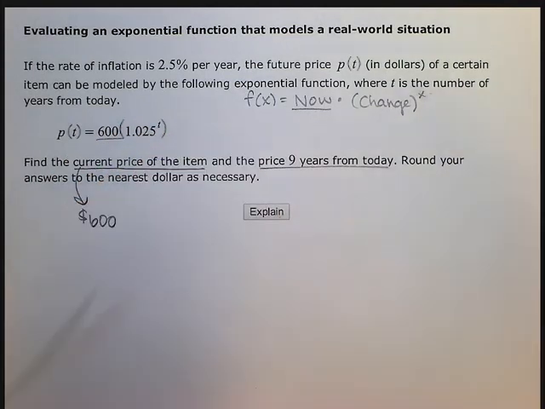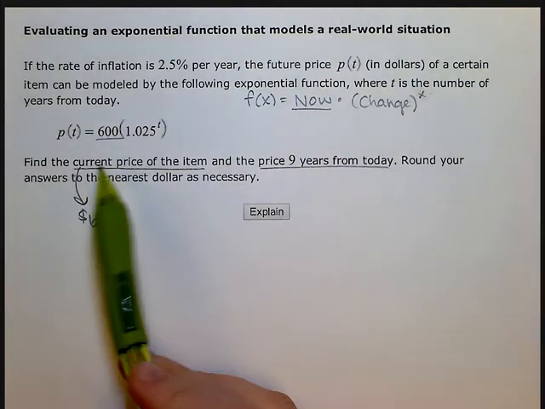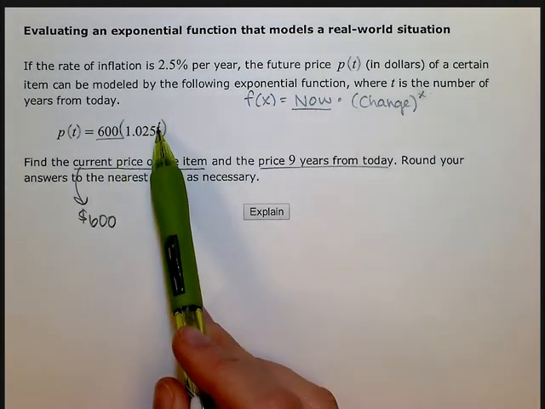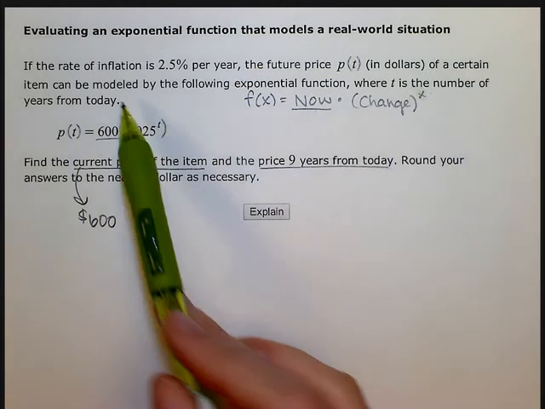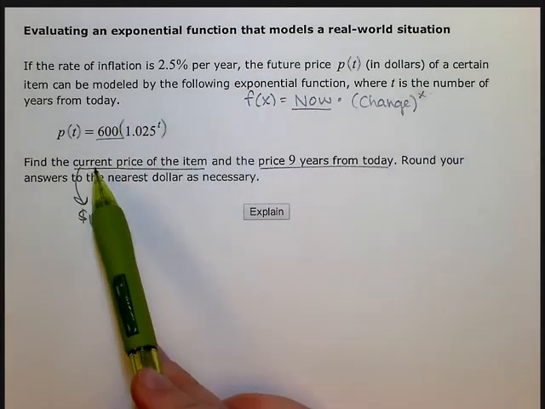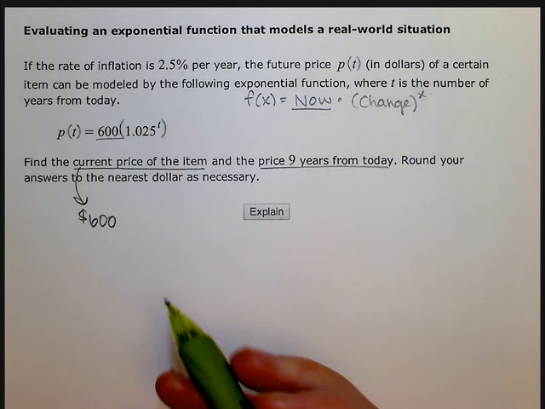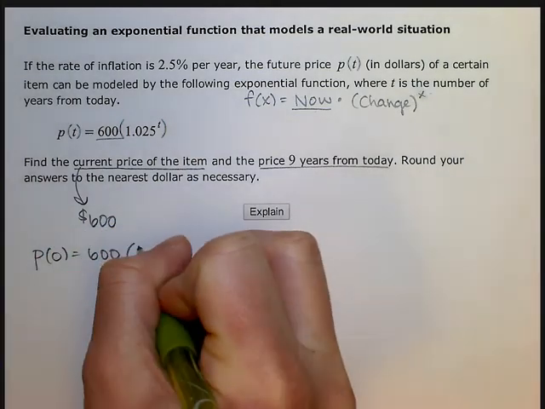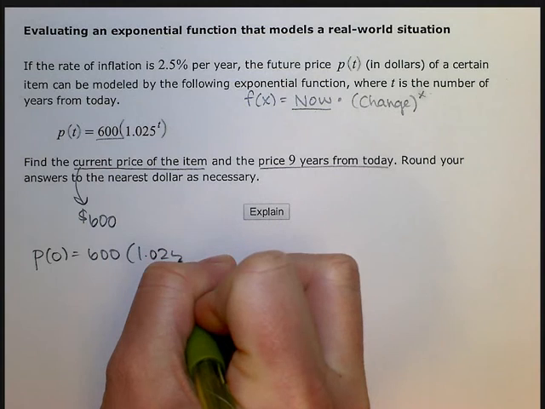Now, just to verify that, I could do a little bit of math. For the current price right now, before any time has passed, I want to know how many years have passed from today, where t is the number of years. Well, 0. So I could do P of 0 equals 600 times 1.025 raised to the 0 power.